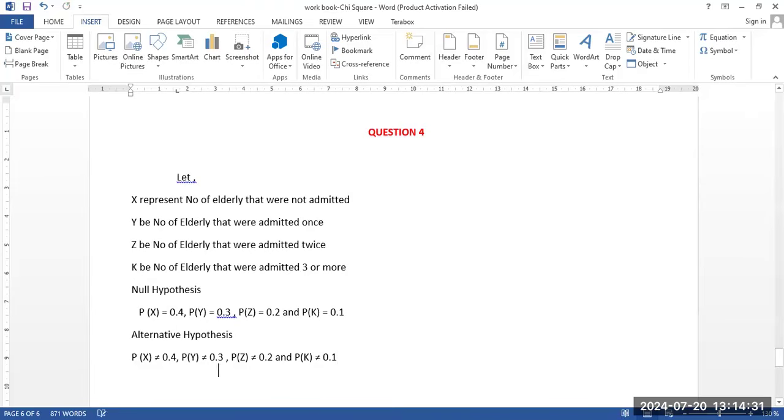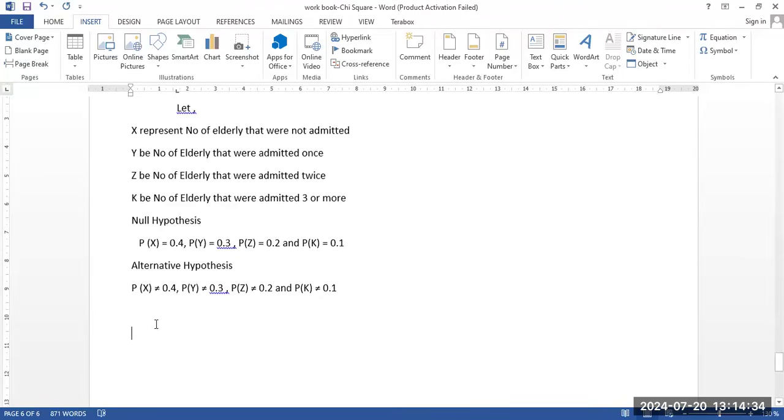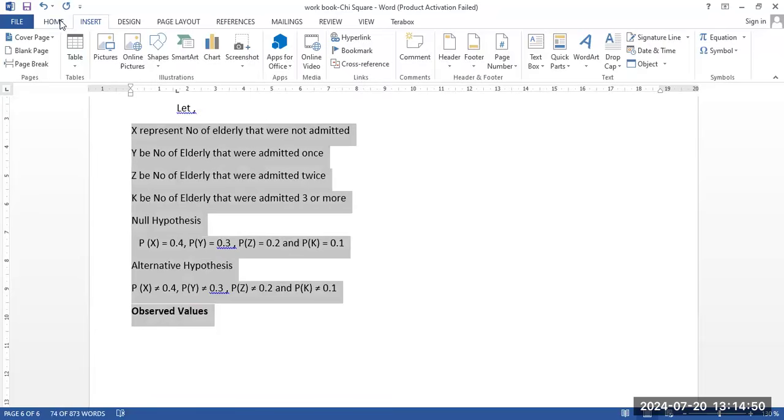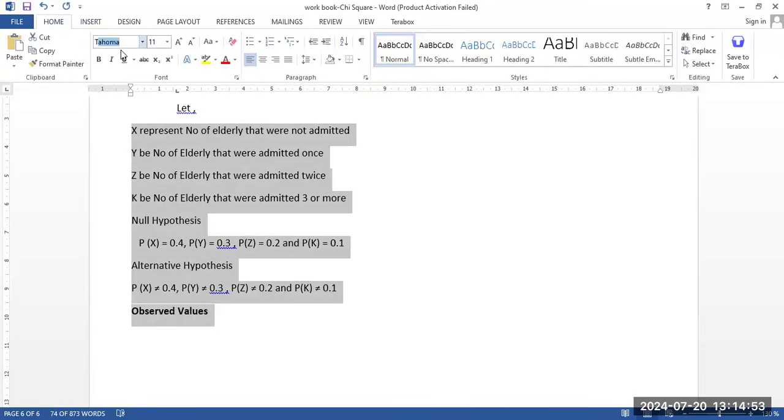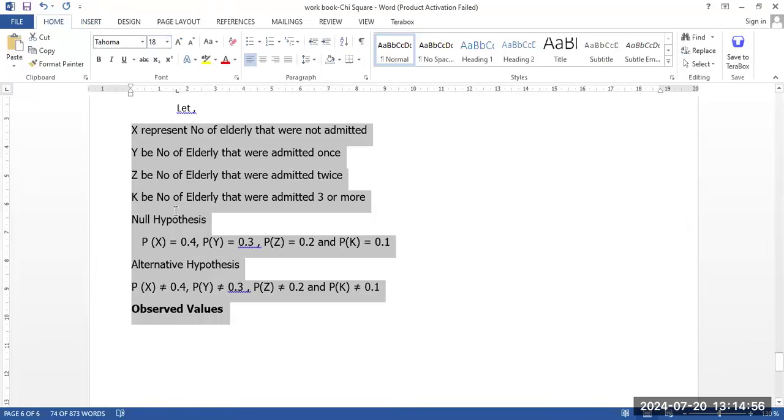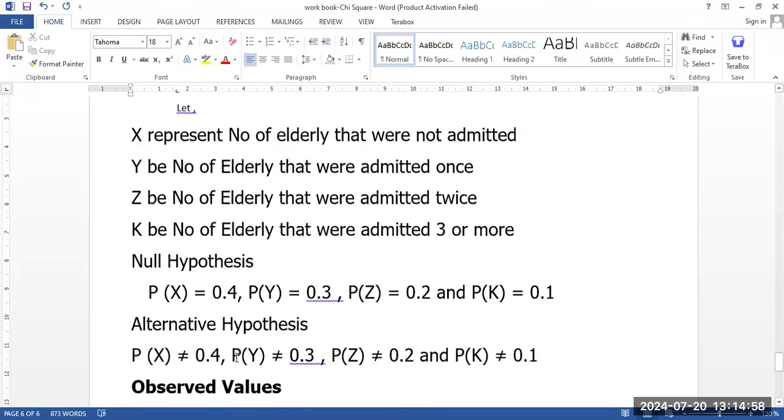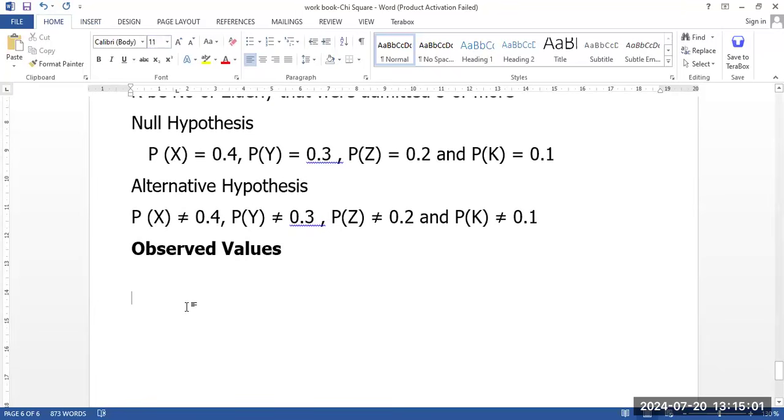So from there, you will need observed data, observed values. Are you given observed values clearly in the question? Yes. For X is what? 55.